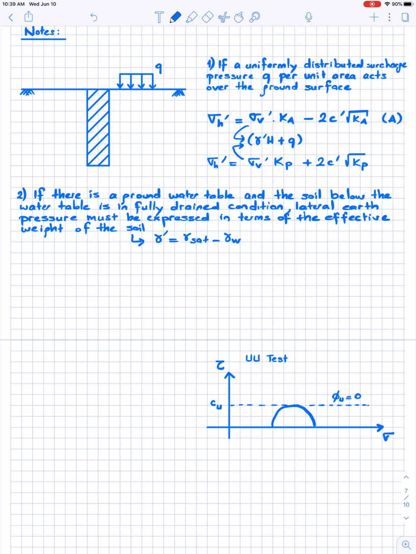Okay, and while calculating the lateral earth pressure, effective shear strength parameters need to be used, which are C prime and phi prime.